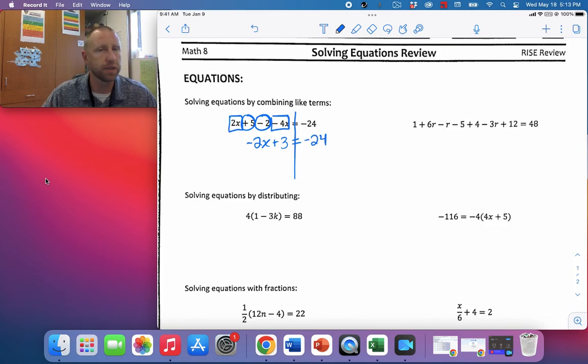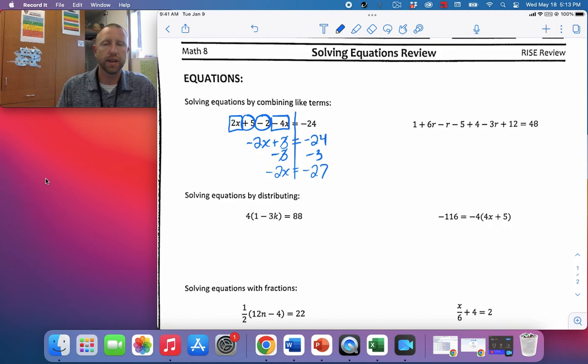And now it's just a two-step equation, right? So get rid of the addition or the subtraction first. In this case, it's addition, so subtract 3 from both sides. And we get negative 2x equals negative 27, right? Negative 24, and then take away 3 more, you're at negative 27.